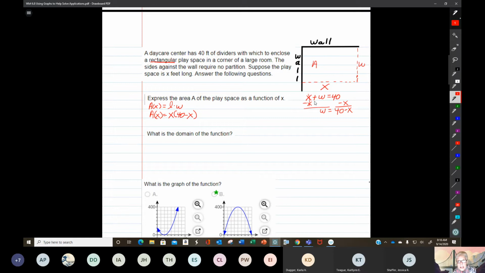Now stop and think, what if X were 40 feet long? Well, then there would be no width because you've only got 40 feet of dividers. So that means that all 40 feet would be flush against this wall, and there would be no play space. So here's what you know.